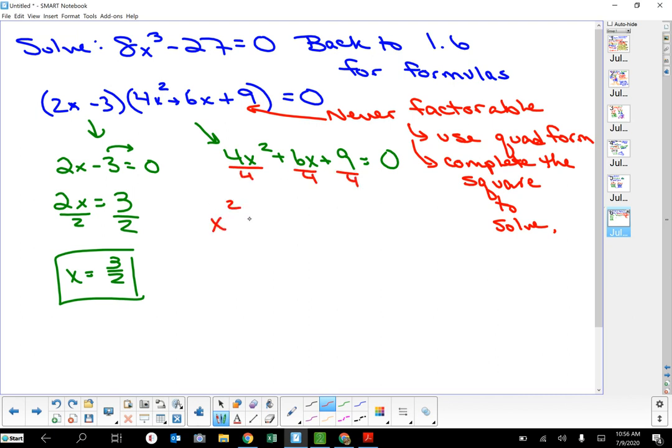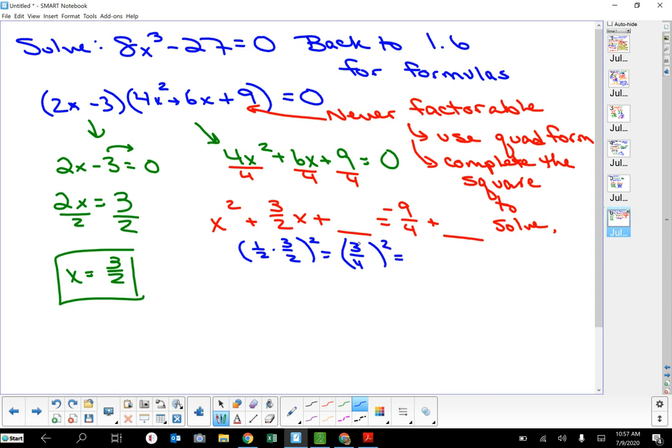So I get x squared plus 3 halves x plus a blank equals negative 9/4 plus a blank. Remember that the blank is 1/2 of b squared. So this is 3/4. And you square the top, square the bottom. So this is 9/16 in both of the blanks.